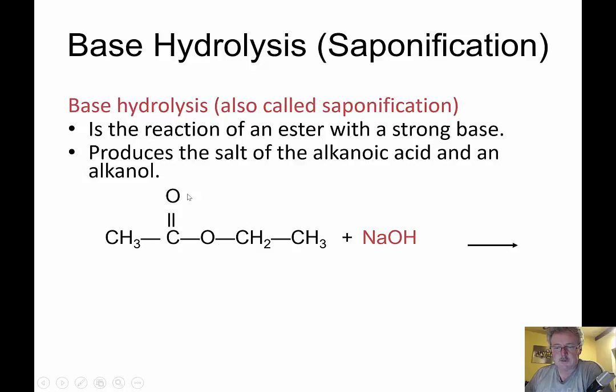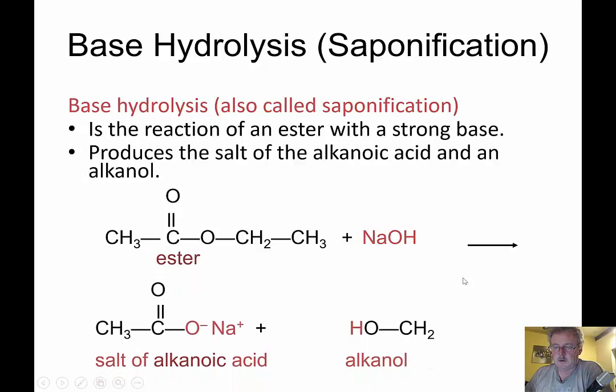Now if we add this ester to sodium hydroxide, or a basic solution, it produces the alkanoic acid minus the hydrogen, and it receives a sodium, so it makes a salt of an alkanoic acid, not a pure alkanoic acid.